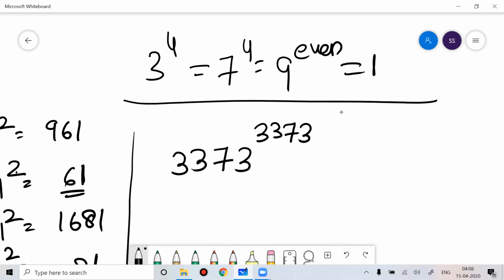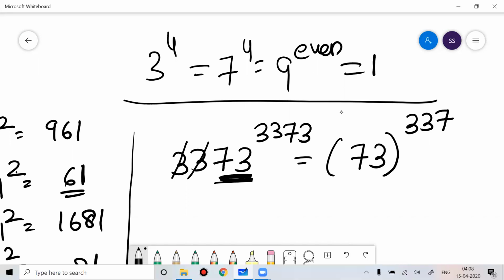So whenever you have to find the last two digits of any number, and that number ends with 3, 7, or 9, somehow you have to make the power 4. For finding the last two digits, just focus on the last two digits. The other digits are not relevant. So this is nothing but 73 to the power 3373.